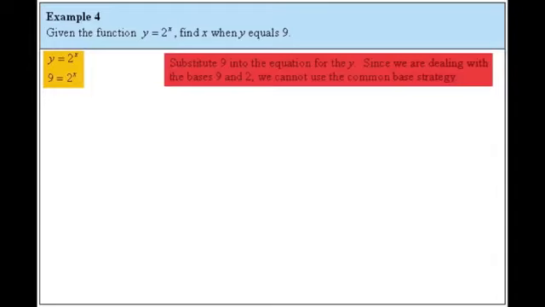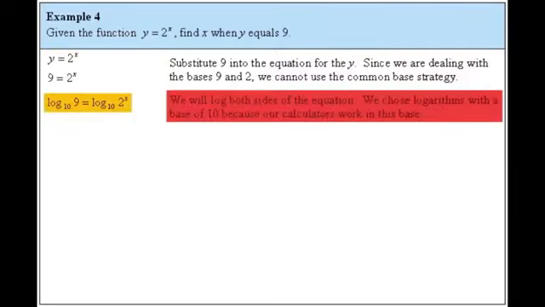Well, this is the whole point about learning about logarithms and the laws of logarithms, so we can tackle questions like this. What we're going to do is log base 10 both sides of this equation. The only reason I chose log base 10 was our calculator works with log base 10.